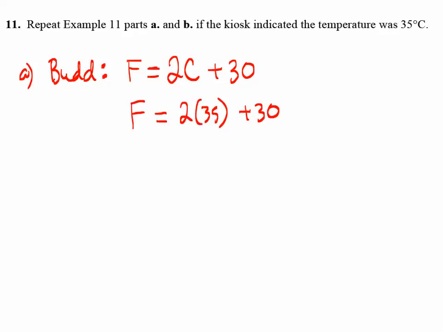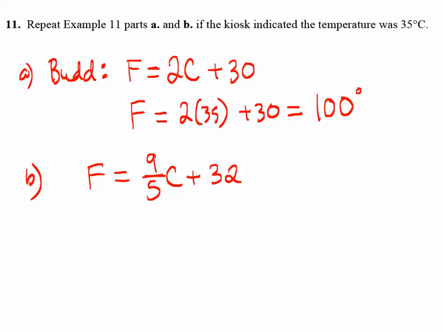So everybody okay with 100 degrees at the end? So 2 times 35 will be 70, and 70 plus 30 makes 100, according to Bud's scale. The true actual formula is, again, 9/5 C plus 32.